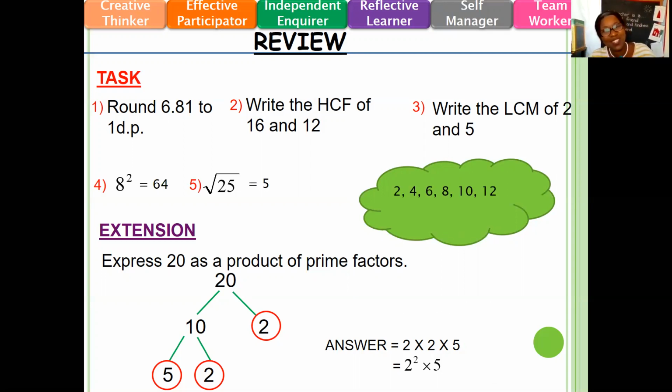Yes, that's what we're talking about, our multiples of 2. All right. And then we have 5, multiples of 5, right? Lots and lots of multiples. 5, 10, 15, 20, 25. Those are multiples of 5.